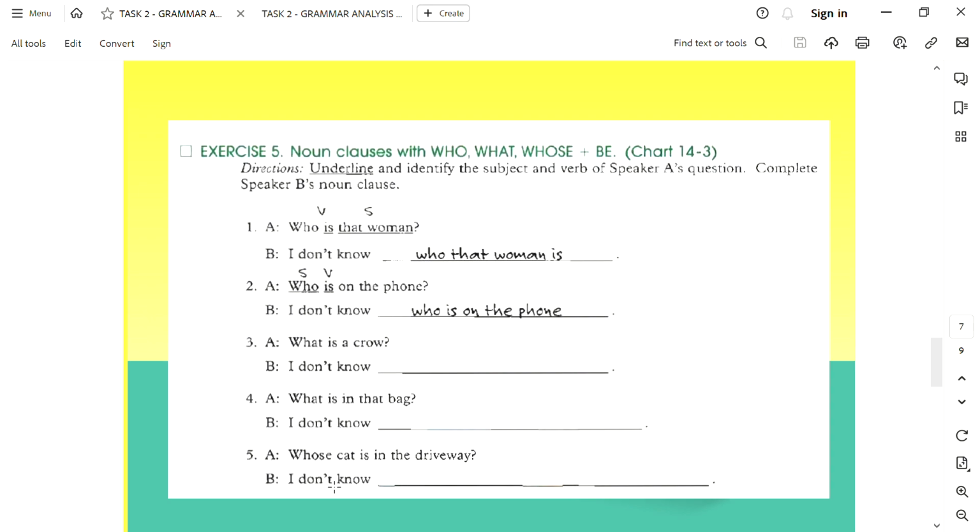I don't know whose cat in the driveway is. So it's getting easier now because we need to be careful with the verb. In here, the verb is represented by be, is, am, or was, were, not the regular verb.